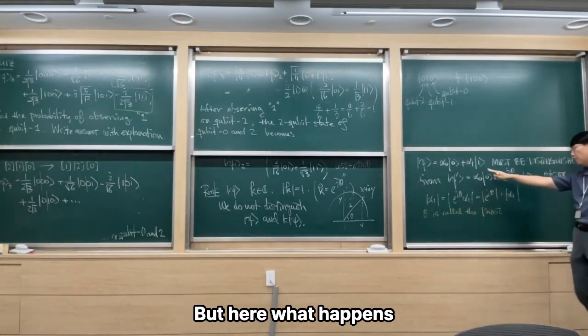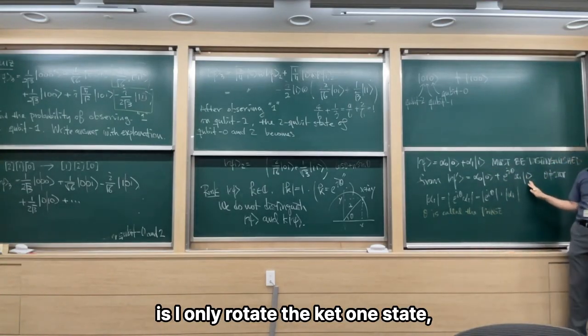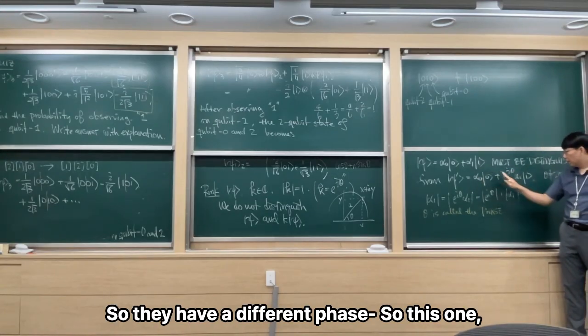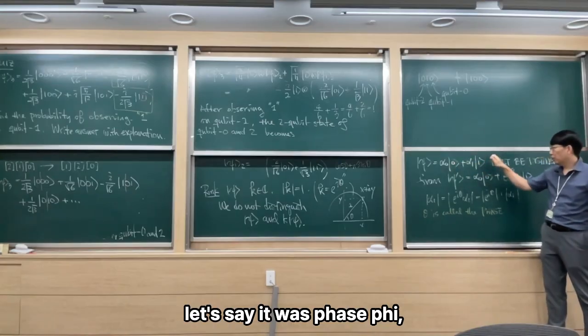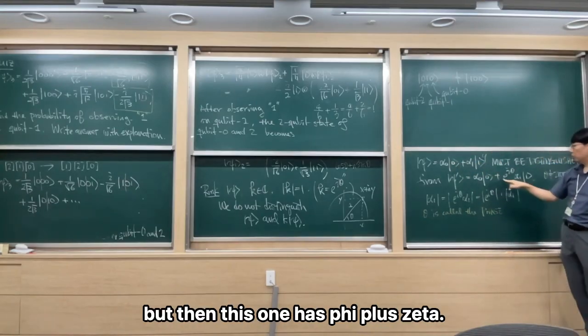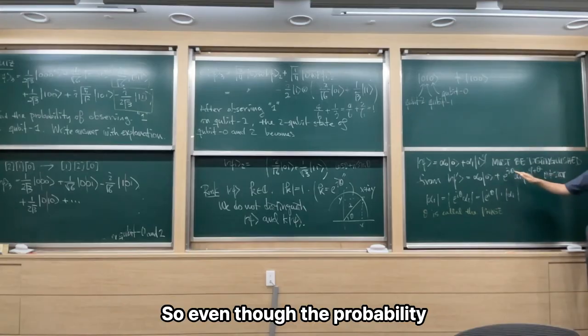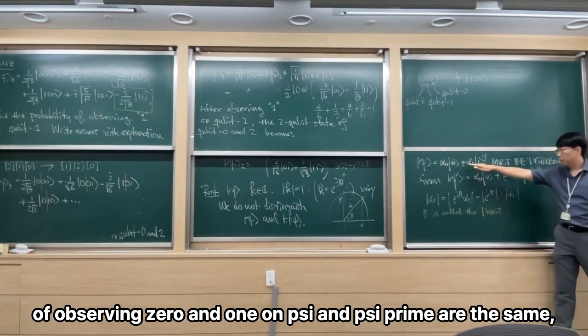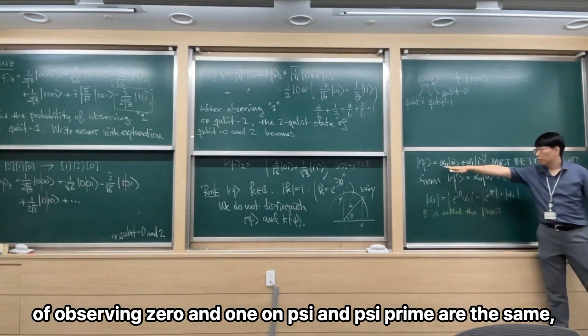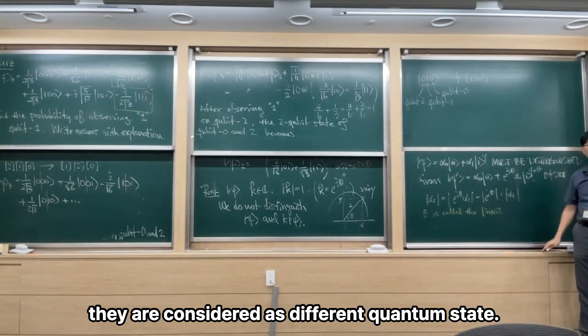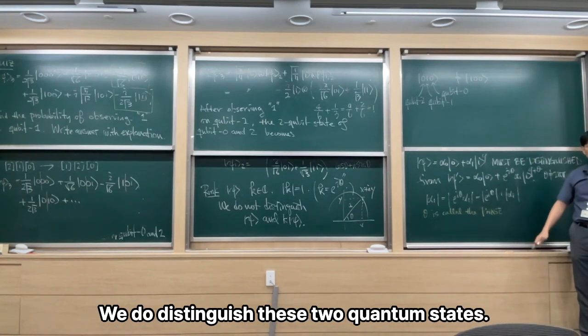But here, what happens is I only rotate the ket 1 state. So they have a different phase. Let's say this one was phase phi, but then this one has phi plus theta. So even though the probability of observing 0 and 1 on psi and psi prime are the same, they are considered different quantum states. We do distinguish these two quantum states.